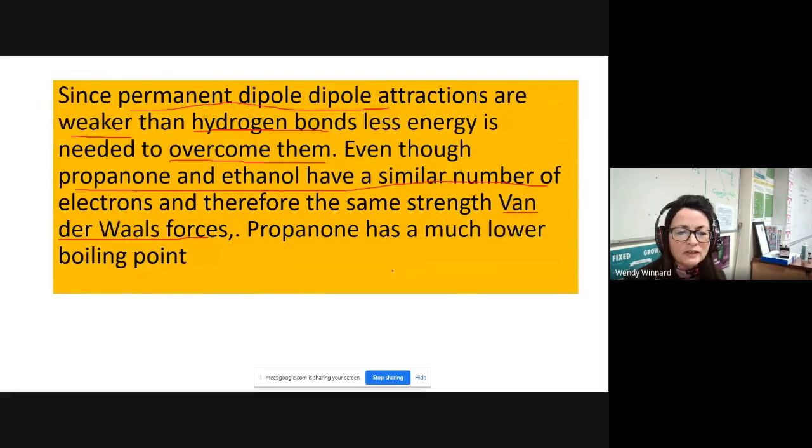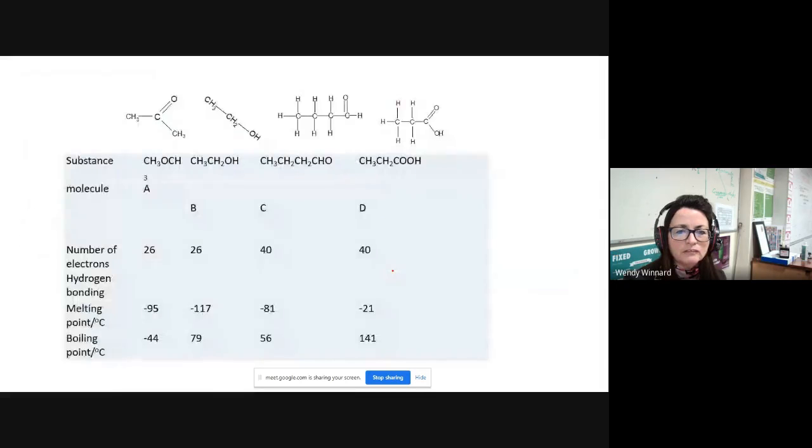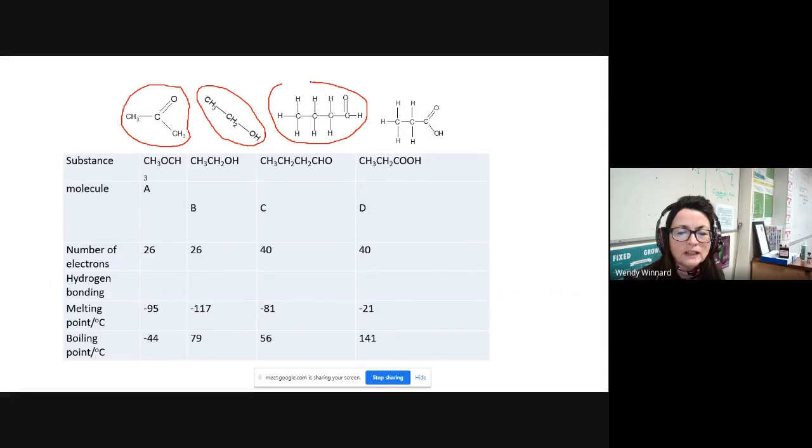Let's now look at that last intermolecular force. But before we do that, let's compare 4 molecules. This is the propanone one, the nail polish remover. This is ethanol, the stuff that's in vodka. This one here is what's called an aldehyde, and this one here is something called a carboxylic acid.